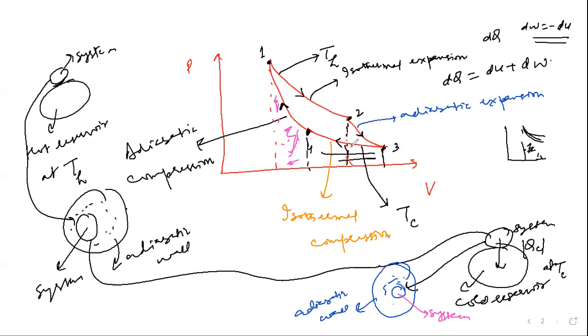So the net work done by the system, we've already discussed in the PV work and PV diagram topic. Net work done by the system is this area enclosed in the loop. So this area is what? Net work done by the gas in the cycle.